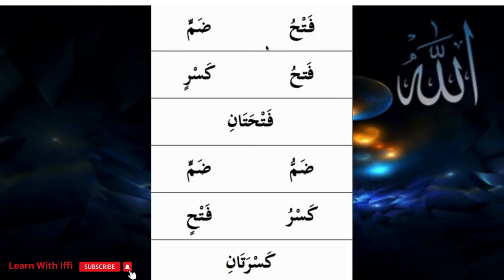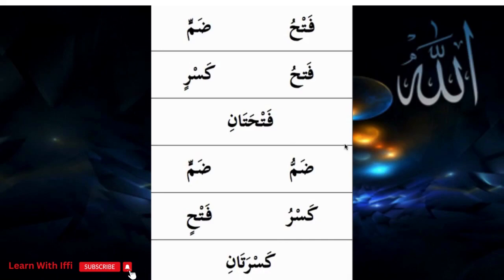So the whole poem goes like this: Fathu Dammin, Nasara Yansuru; Fathu Kasrin, Daraba Yadribu; Fatahatani, Fataha Yaftahu. Then Dammu Dammin, Karuma Yakrumu; Kasru Fathin, Sami'a Yasma'u; and Kasratani, Hasiba Yahsibu. So this is a way to remember the 6 babs, inshallah.